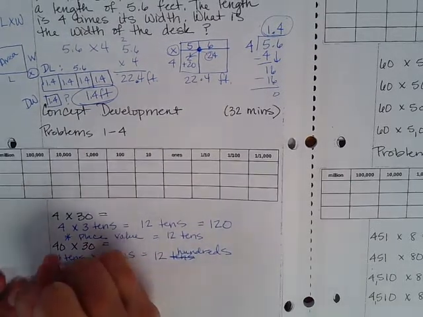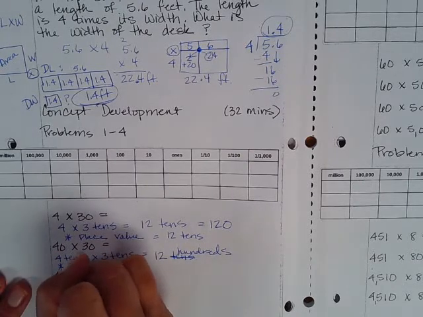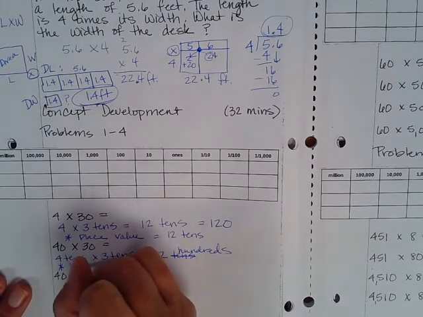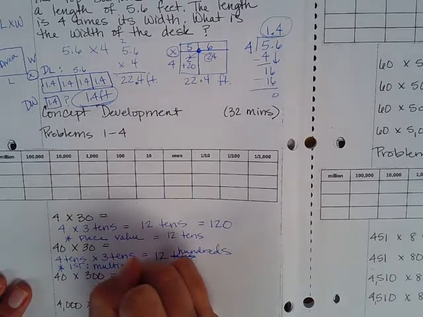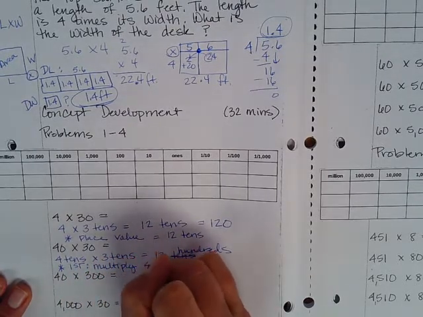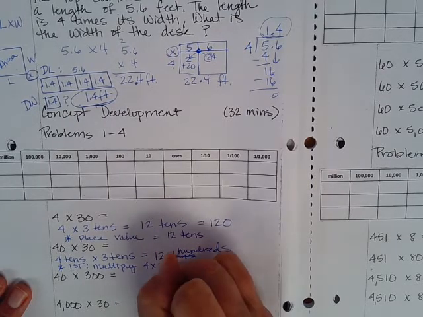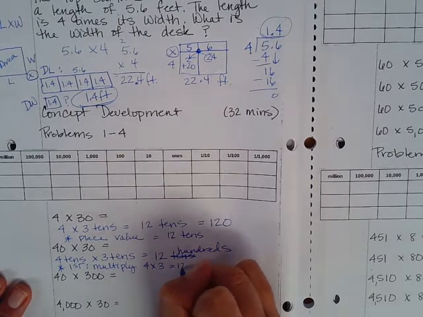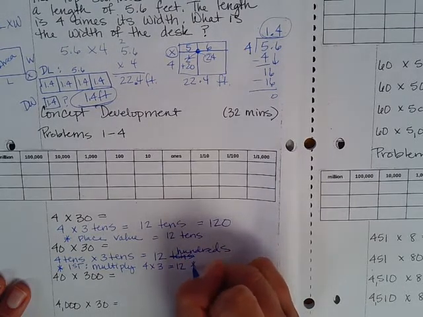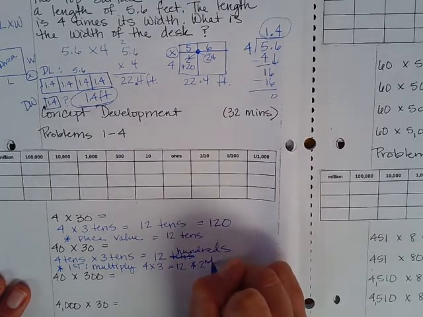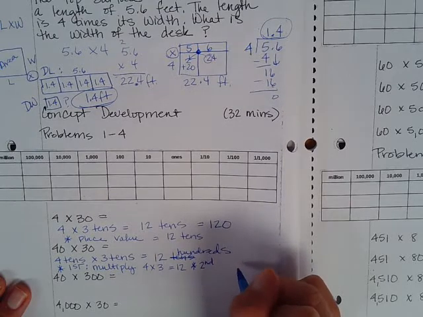So first, multiply 4 times 3, and it's going to give you 12. Second, multiply 10 by 10s.